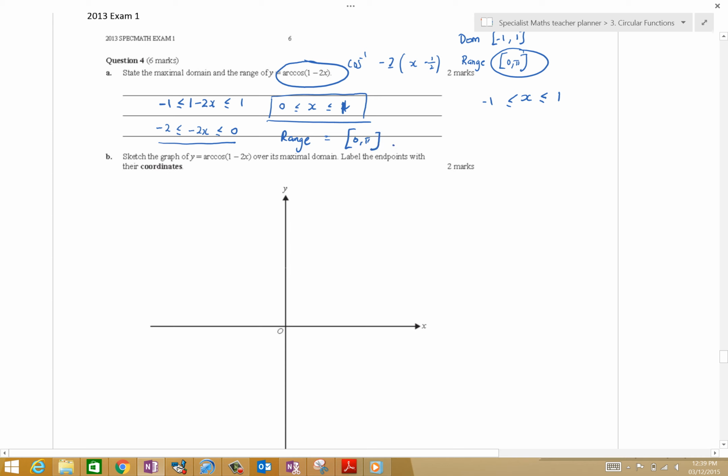Now, of course, that also helps us a fair deal with sketching the graph too. My range is 0 to pi. That is 0 to 1. Inverse cos, though, we know, is an inverse cos, it's going to be up there. So isn't it going to look something like this?